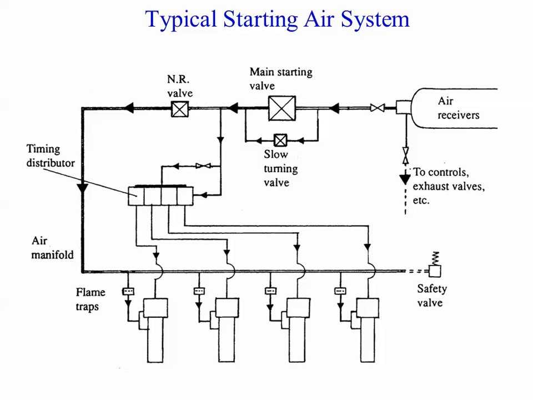It's not that common, but before getting underway, most ships will roll the engine over on air prior to starting it. When you roll it over on air, if it's direct drive, which a lot of propulsion engines are, then you're turning the prop. If you're turning the prop, then you're pushing the ship alongside the dock. Now, this can be a big thing.